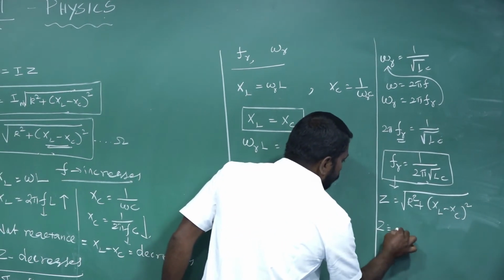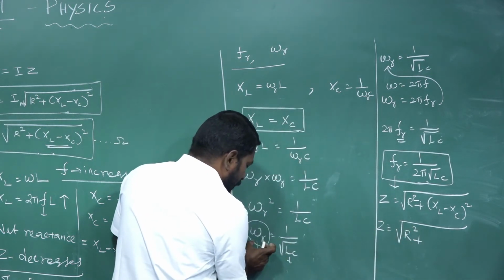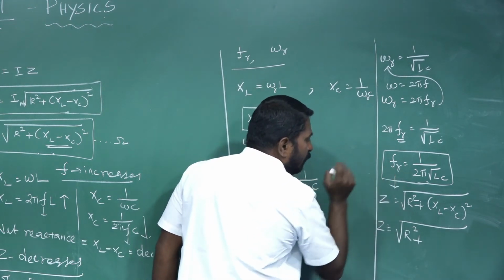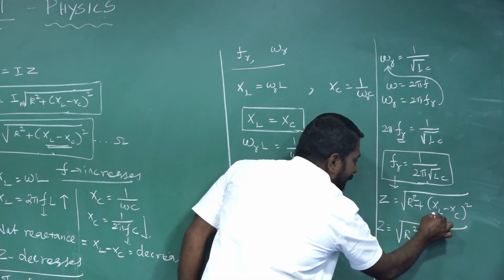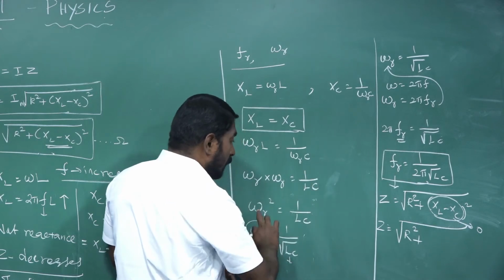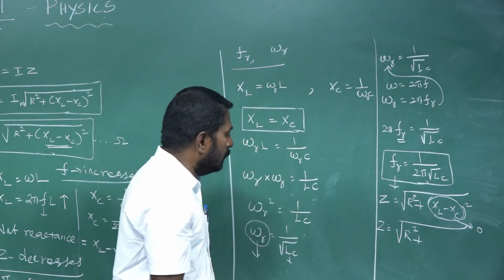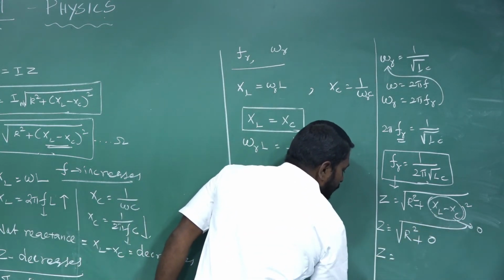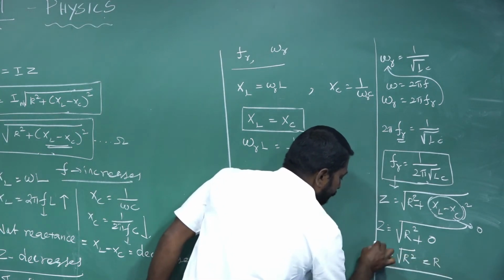So Z is equal to the square root of R square plus, at this particular angular frequency and frequency fr, inductive reactance equal to capacitive reactance, so the net reactance value becomes 0. Why? Because at that particular frequency, inductive reactance and capacitive reactance are equal. The net reactance is 0. Then the impedance of the series RLC circuit is equal to the square root of R square, which is equal to R.